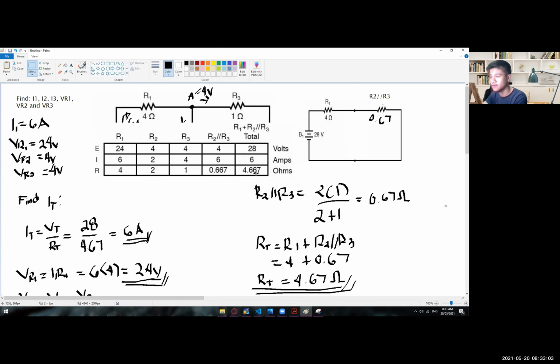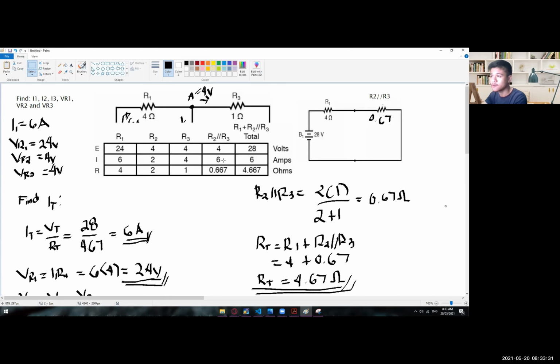Here they get 3 decimals, but in our case, we only get 2 decimals. And then for the parallel value of R2 and R3, which is 0.67, which is just the same with this one. And then the voltage passing through this R2 and R3, which is 4 volts. So it's the same.